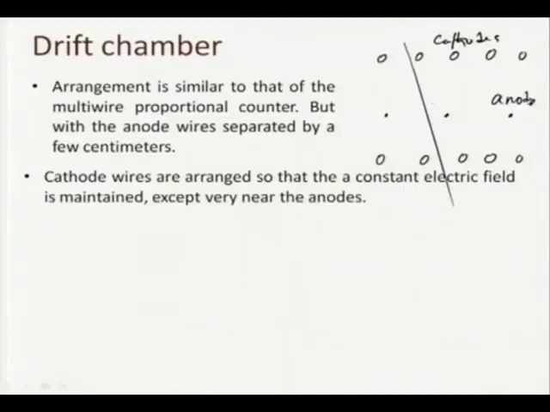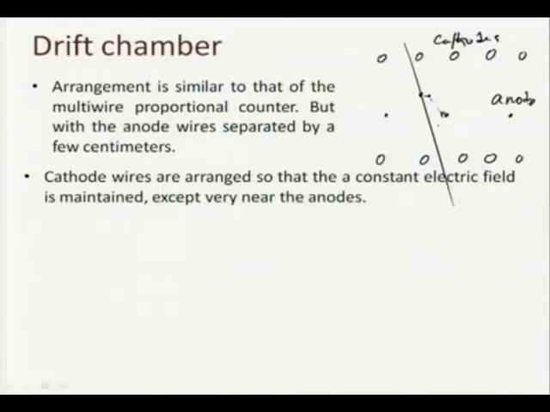And when a high energy charged particle enters this detector, again the particle will ionize the gas and the electrons will move towards one of the anodes, and avalanche happens very near that anode.